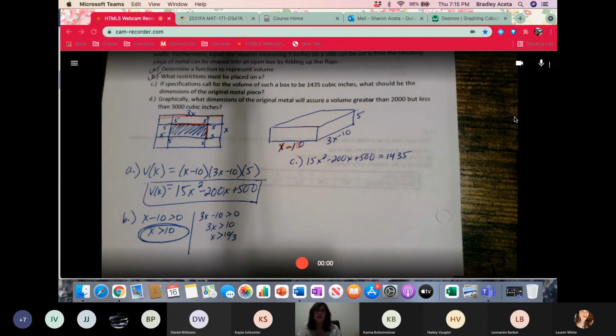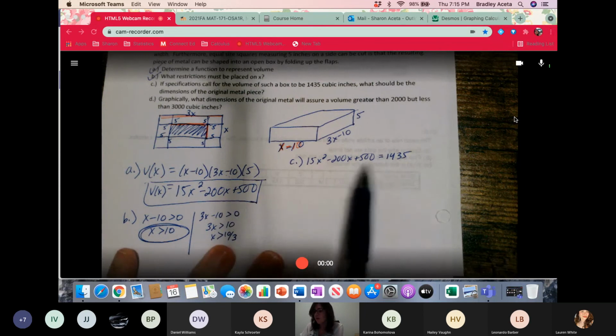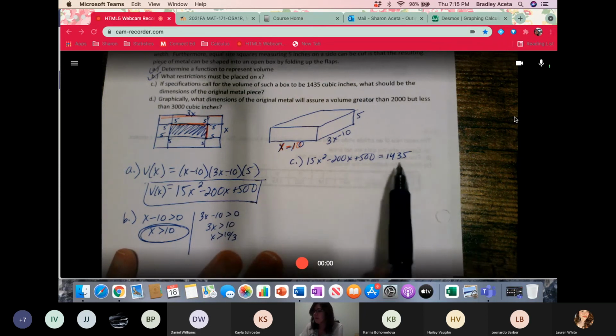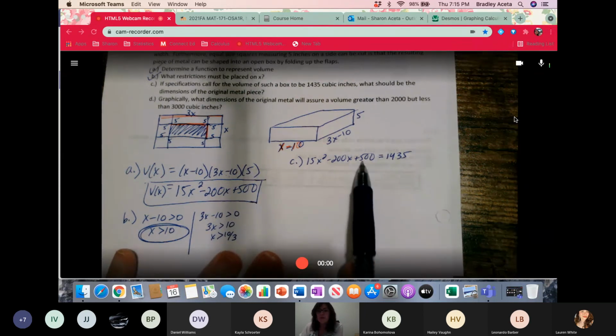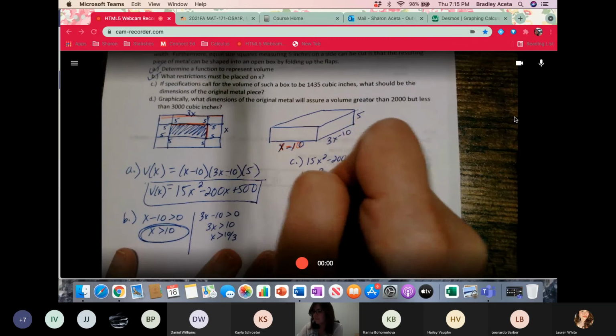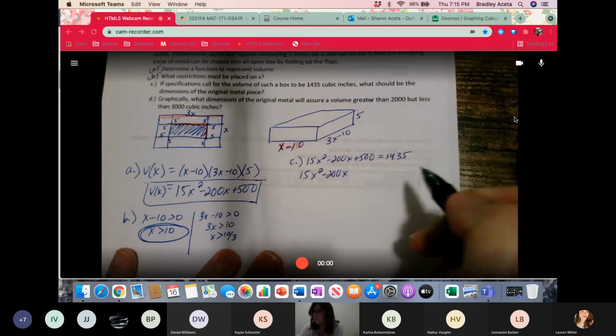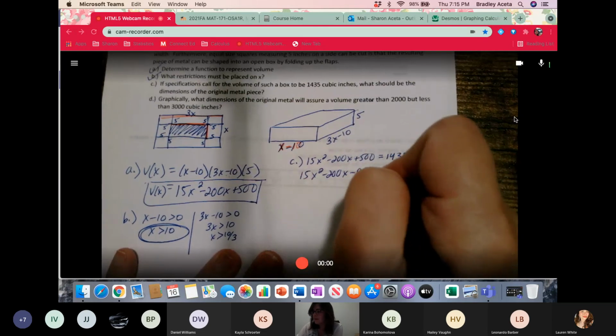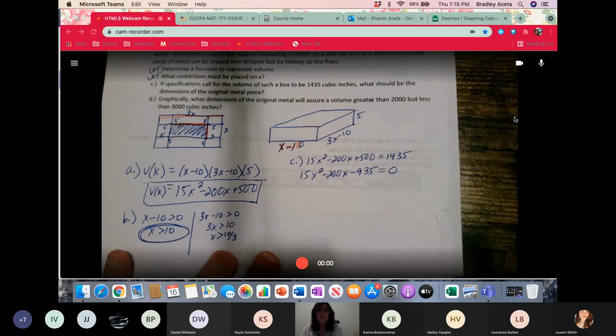I'm going to tell you right now, this is a doozy of a problem to do. To factor into FOIL, and you could do quadratic formula, but you've got to get this over to that side. 1435 minus 500 is 935. So minus 935 equals 0.